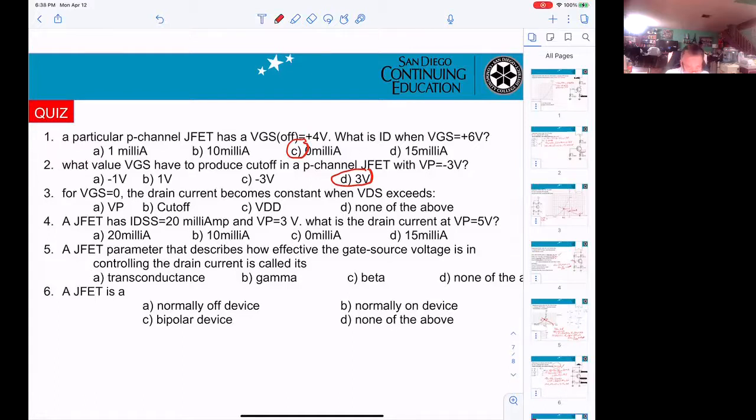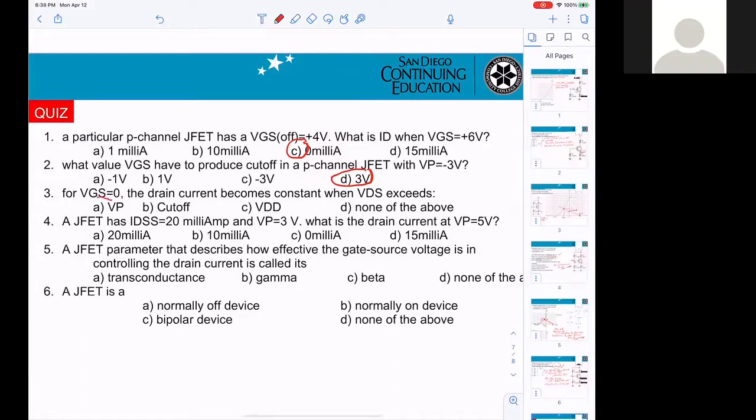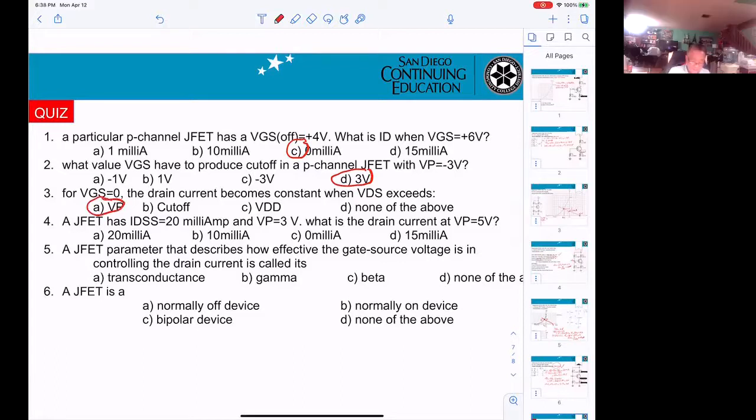Number 3. For VGS equal 0, the drain current becomes constant when VDS exceeds what? A. VP. Perfect. A. Number 4.